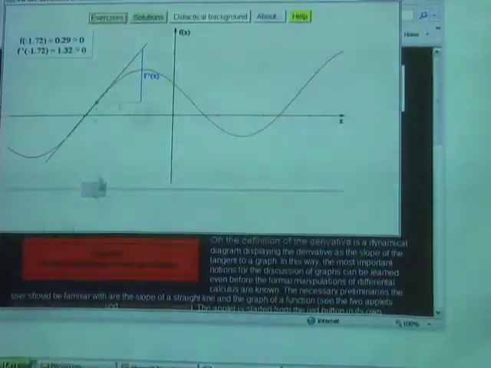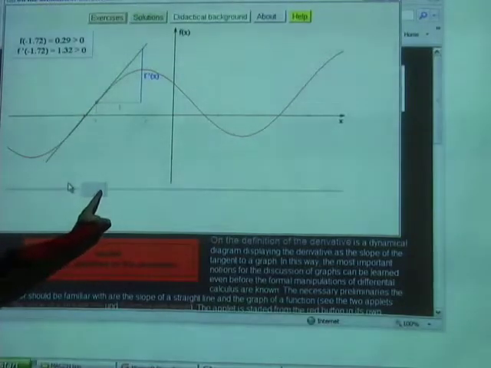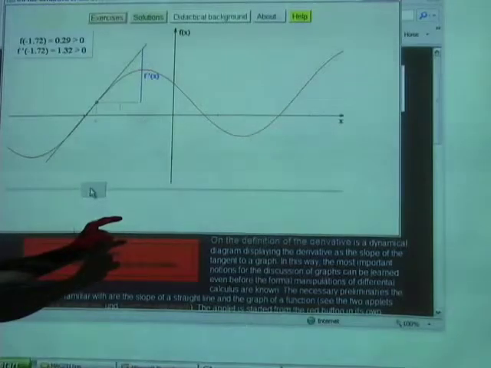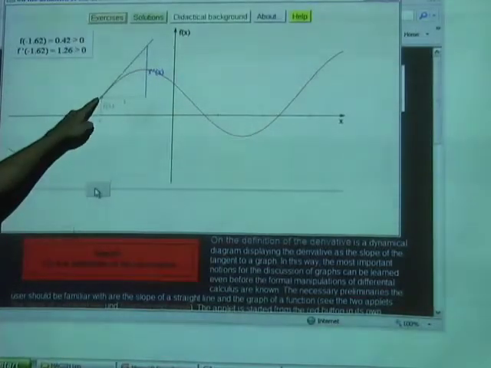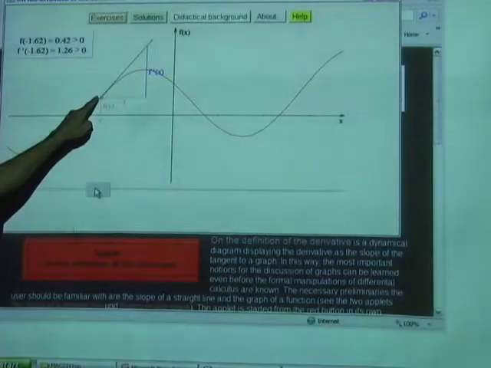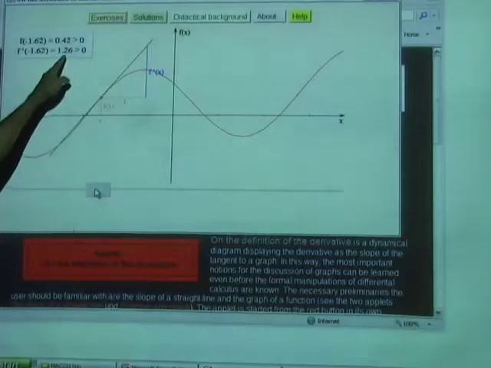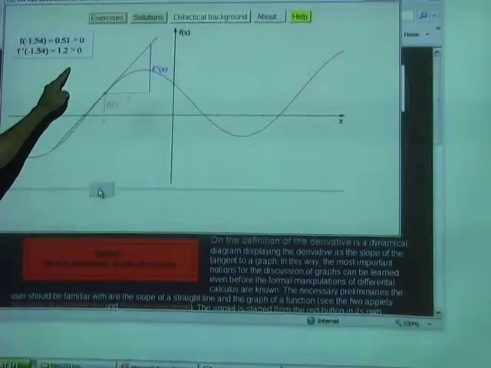Let's take a look at this function graph, and this actually illustrates what happens when x increases from left to right. I can actually drag this to increase the value of x, and a tangent line drawn at the point measures the slope, and the slope value is given here. So watch as I move to the right.